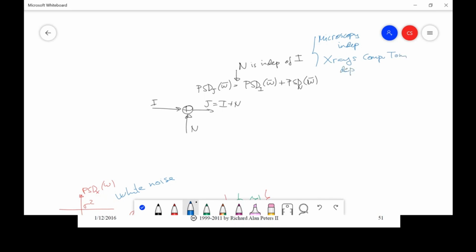They are dependent. Depending on the modality that you are using, you may have independent noise or dependent noise. But let's say that we have independent noise.